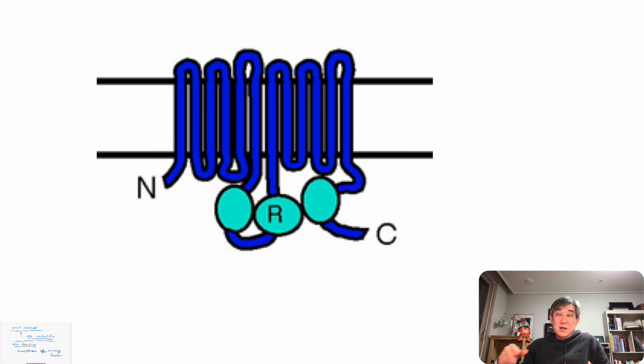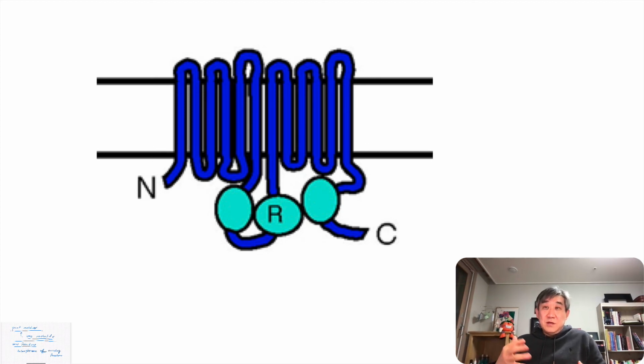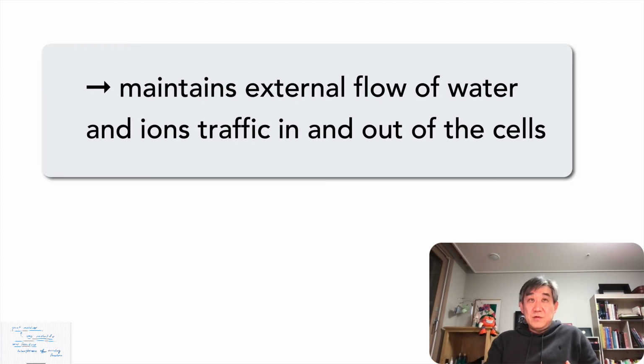And this is an overall cartoon describing the shape of this CFTR protein on the cell membrane. The importance of this CFTR protein is that by pumping the ions, the consequence is it keeps the liquid flowing outside of this tract.